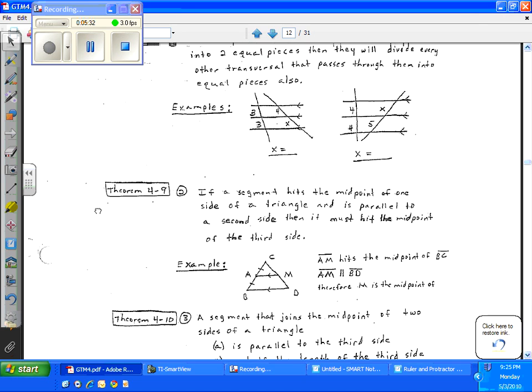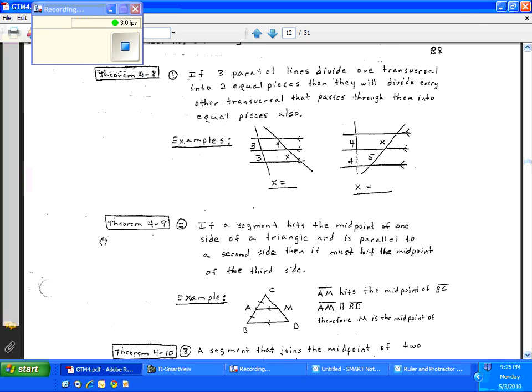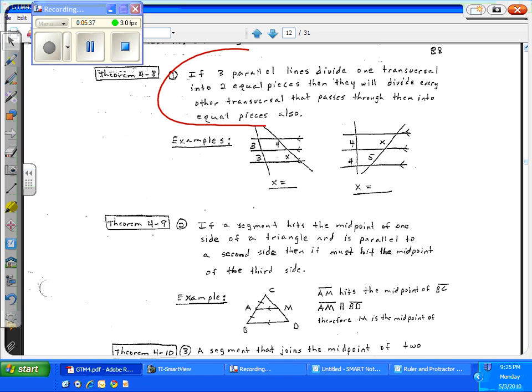So in summary, if three parallel lines divide one transversal into two equal pieces, then they divide every transversal that passes through there into equal pieces also.